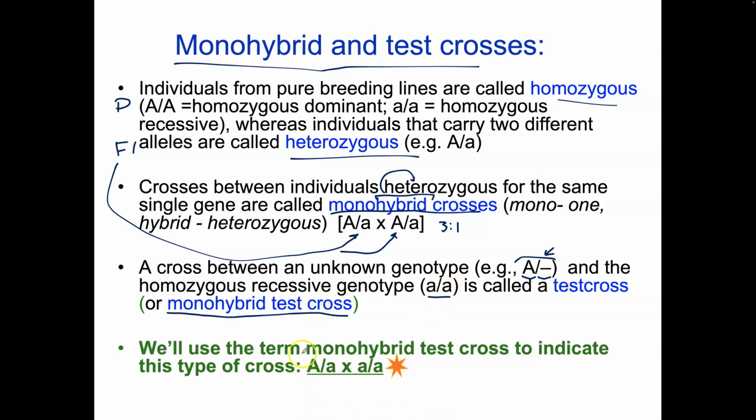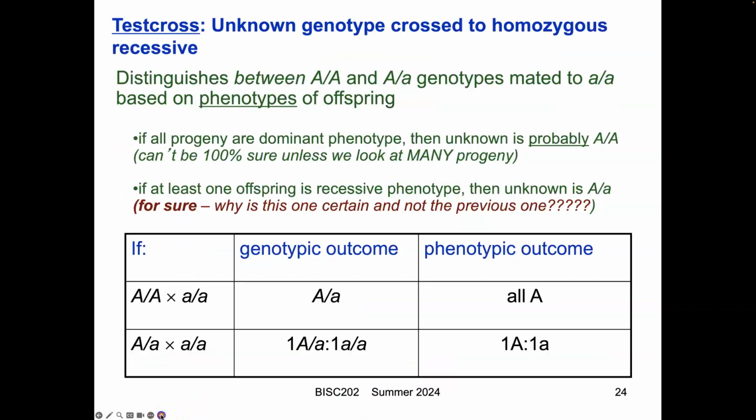When we use the term monohybrid test cross, unless I phrase a question differently, this is the cross I will be talking about. So when I say test cross, I'm usually talking about heterozygous individuals crossed to homozygous recessive individuals.